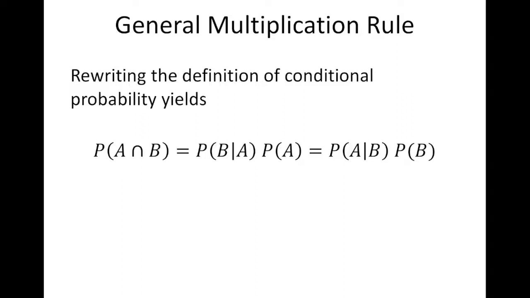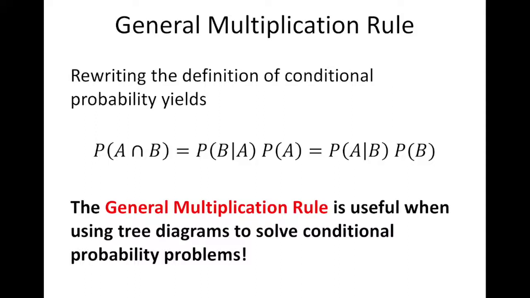I always remember the conditional probability rule by the given event in the conditional probability has to be the same as the straightforward probability at the end. So it's B given A times the probability of A, or A given B times the probability of B. Now, the general multiplication rule, while we could use it to directly manipulate probabilities, is most useful when using tree diagrams to solve conditional probability problems.